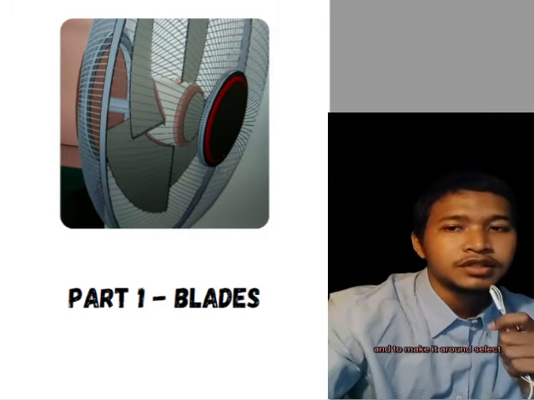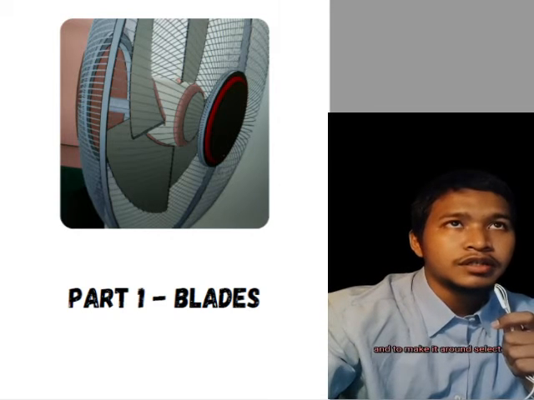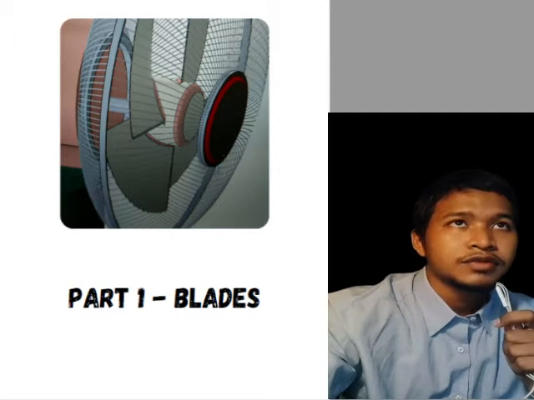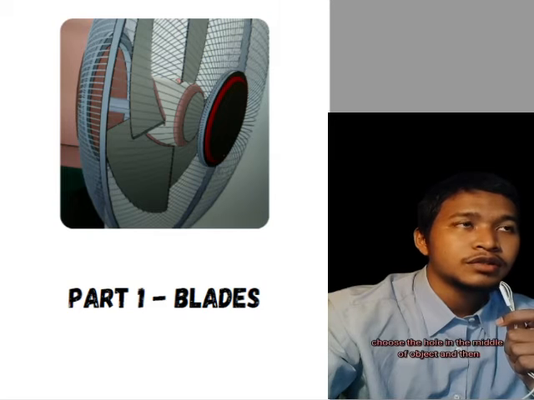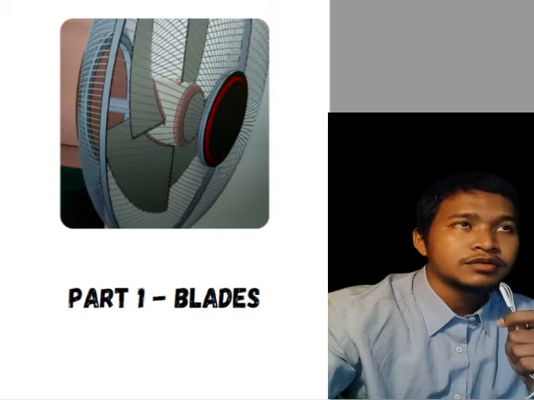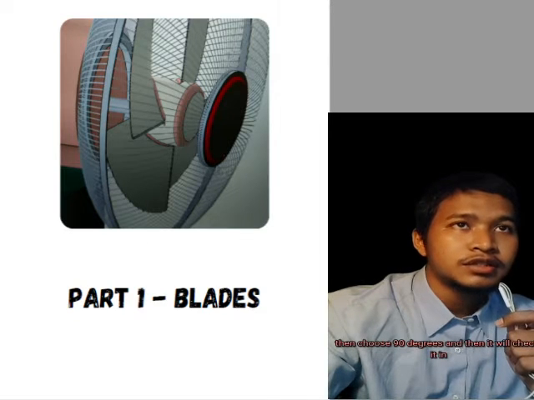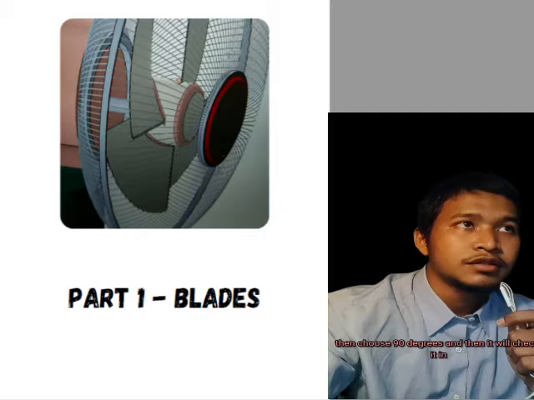And to make it round, select circular pattern, and then for direction 1, choose the hole in the middle of the object, and then put in the blade, then choose 90 degrees, and then it will shape it.